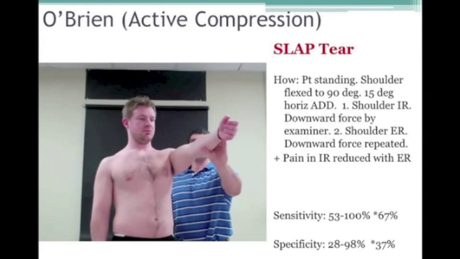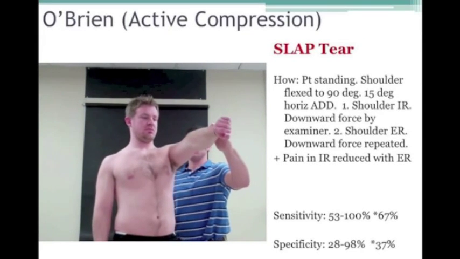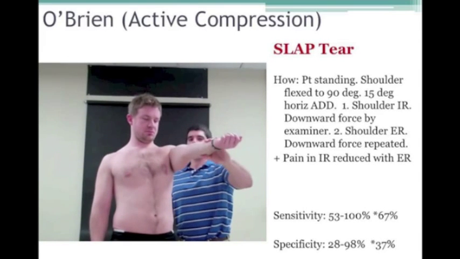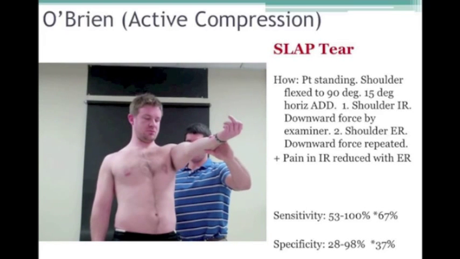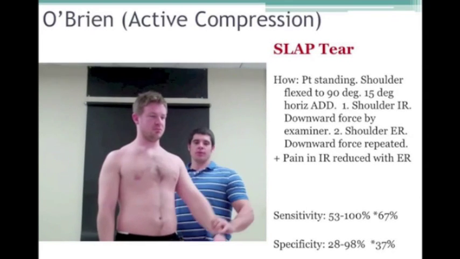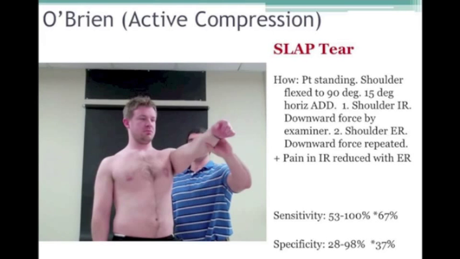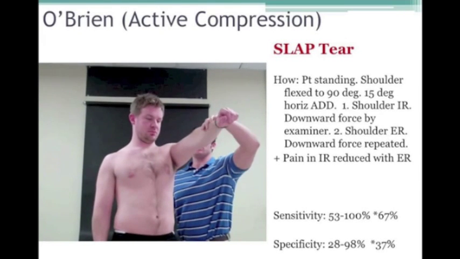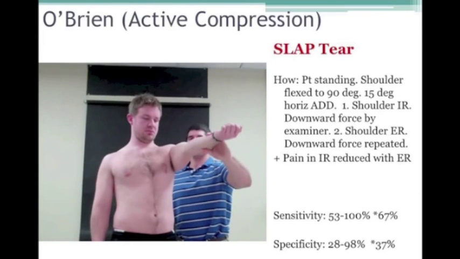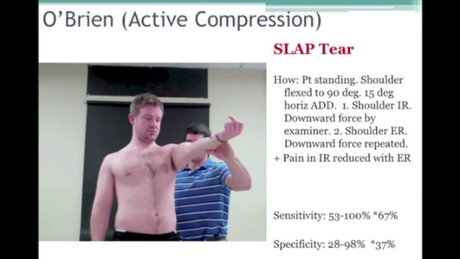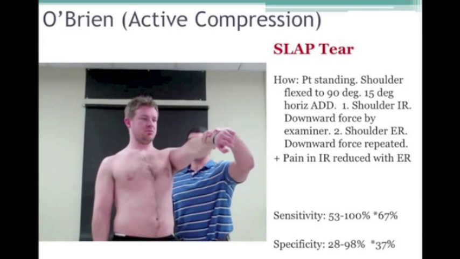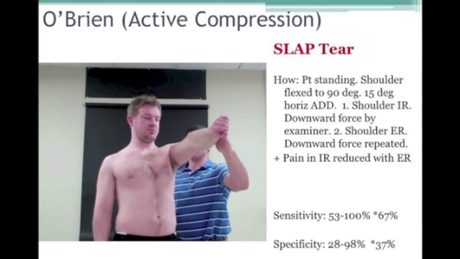Next test for slap tear is the O'Brien's or active compression test. This is originally designed for slap tears. The patient is standing, shoulders flexed to 90 degrees, and then 15 degrees of horizontal adduction. The shoulder is internally rotated and a downward force is applied. Then, in the same position, the shoulder is externally rotated and a downward force is again applied. If there's more pain in the first test with internal rotation and it's reduced with external rotation, this is a positive test.